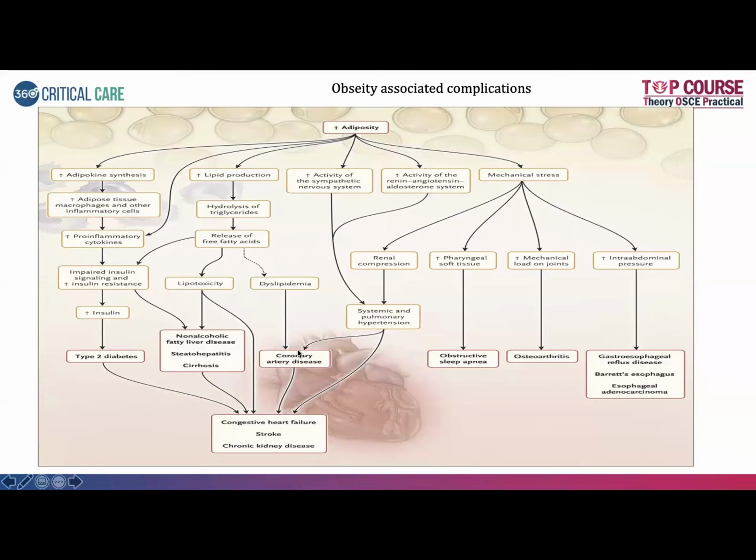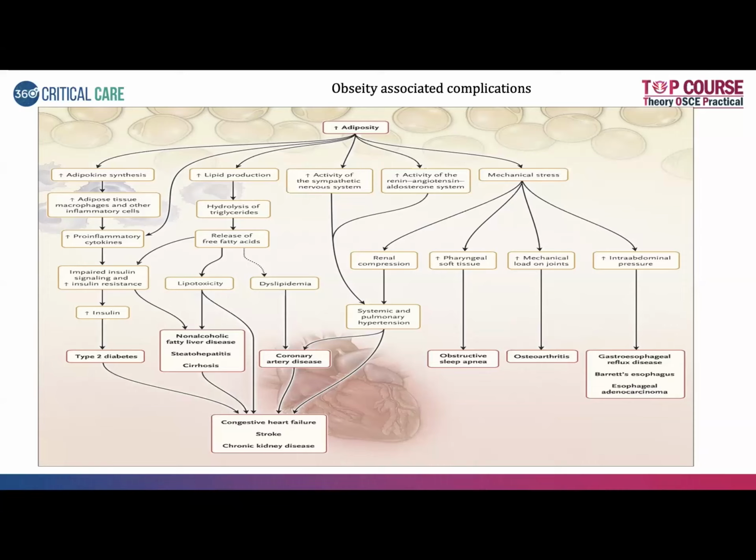In the cardiac system, there is a high risk of coronary artery disease. There is increased activity of the sympathetic nervous system that will result in high pulmonary arterial pressures. That also poses a risk of congestive cardiac failure, and also stroke and chronic kidney disease. There is increased activation of the renin-angiotensin system, which can lead to acute kidney injury and chronic kidney disease in the long term.